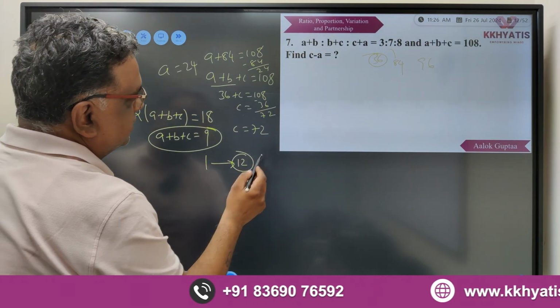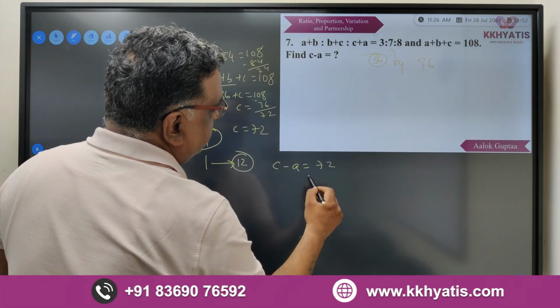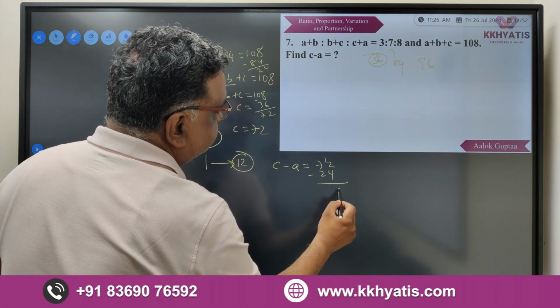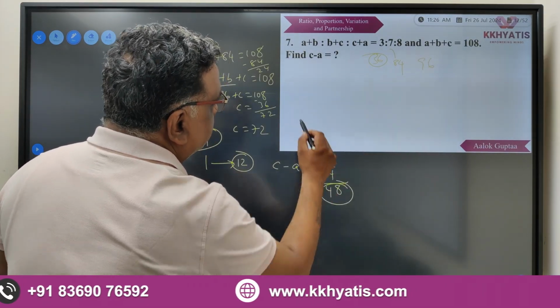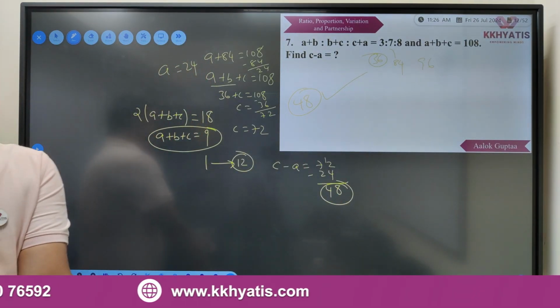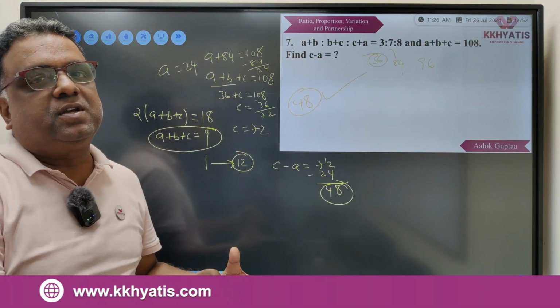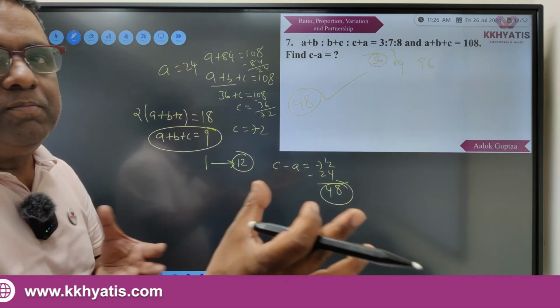So now C is 72, A is 24. So C minus A will be 72 minus 24. So 48 is the answer to this question. Okay. So now we are able to relate how to relate ratios and actual quantities by comparing them.